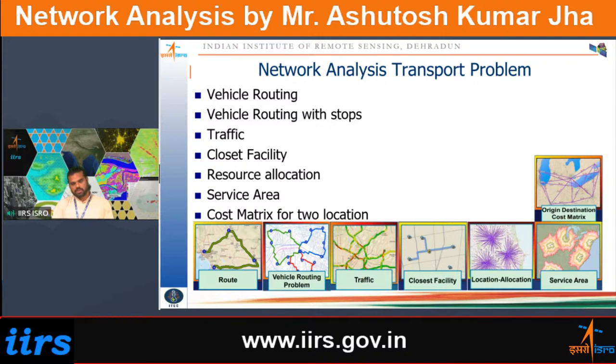Those are basically resource allocation. That helps us find the number of people who can be served, or the territorial area of service by a specific facility, and so on. Those are called resource allocation or location allocation problems.